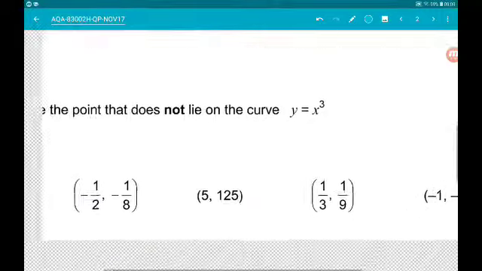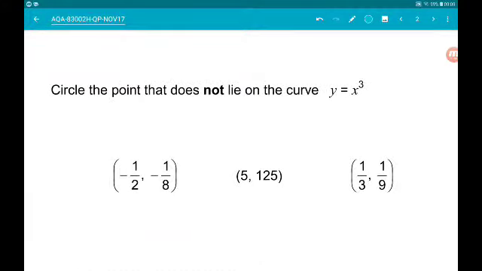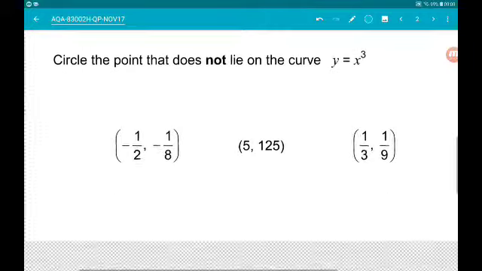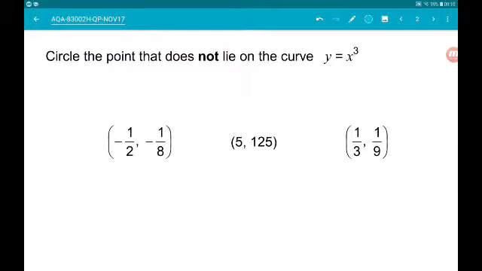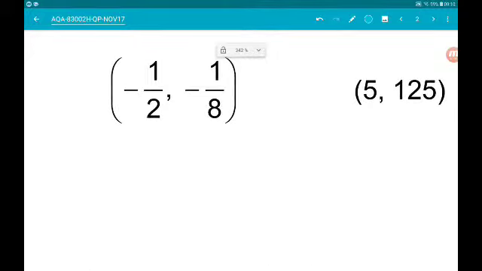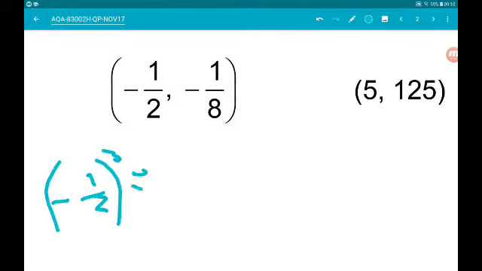Okay, question 3. Circle the point that does not lie on the curve y equals x cubed. So, what that means is there will be a set of coordinates here where the x coordinate cubed does not give us the y coordinate. So, let's try this first one. Minus a half cubed does indeed give us minus 1/8.